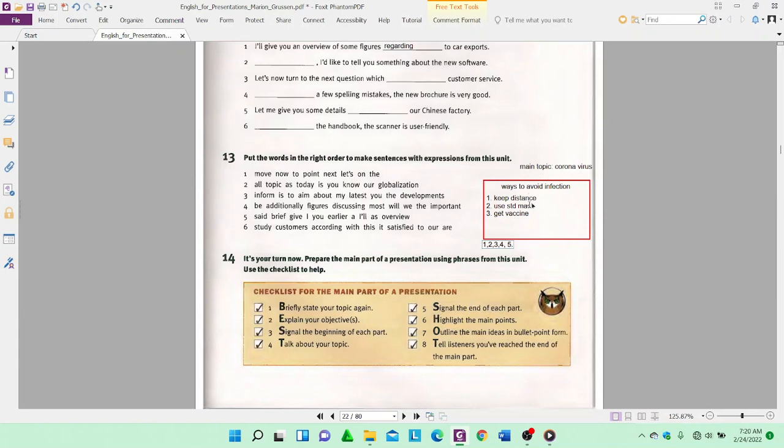Lalu masuk lagi ke poin 2. Ya kan? Ngulang lagi ya. Jadi karena ini ada 3 poin, 1 2 3 4 5, ngulang lagi, jadi begini ya. Dari 3 lagi, 3 4 5.